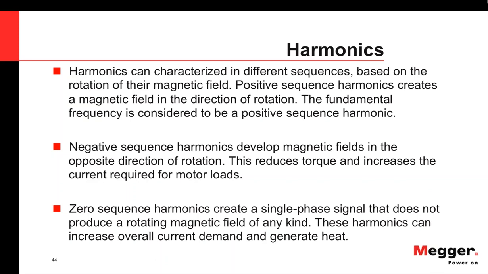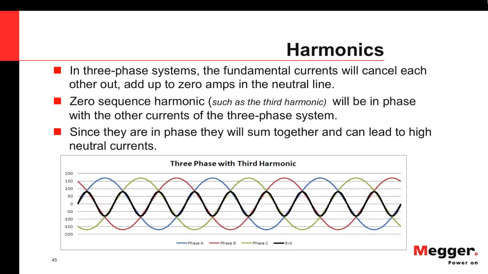Now, harmonics can be categorized also as sequences, again, based on their magnetic rotation. Positive rotates in the same direction as the fundamental, negative in the reverse direction of the fundamental, and 0 has no rotation.